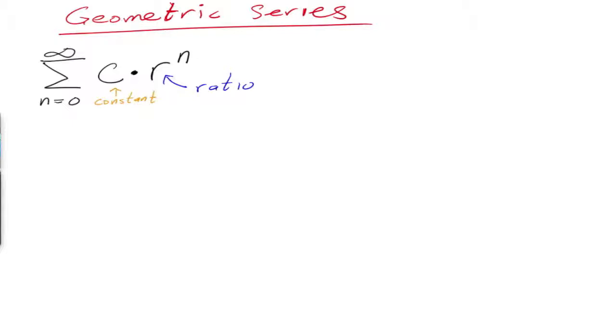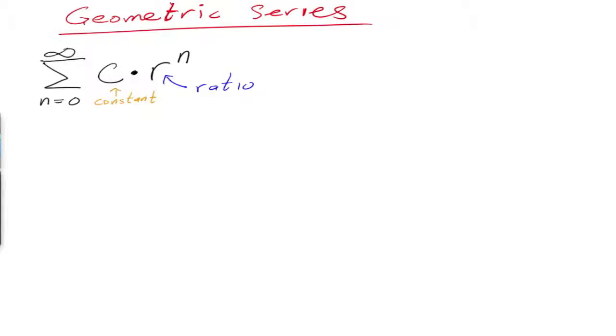So our task is to find out: does it always converge, does it always diverge, or are there certain values of c and r that make it converge or diverge? Can you see one number for which it definitely diverges, or converges? Think of simple numbers and say, oh, it definitely converges if r is 1?